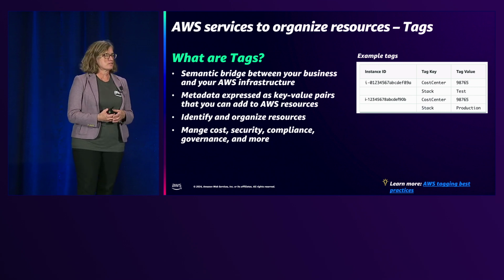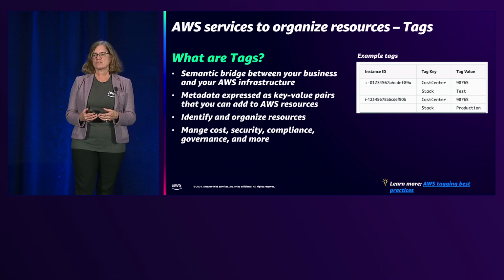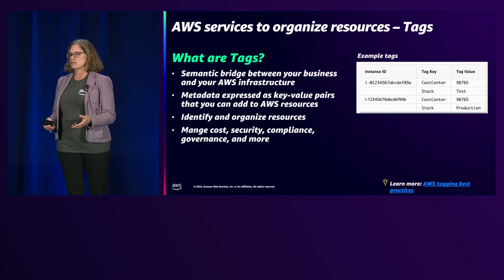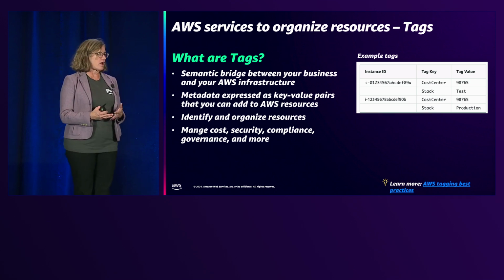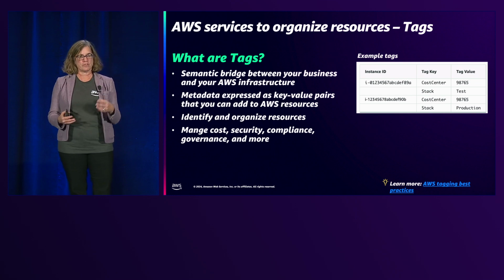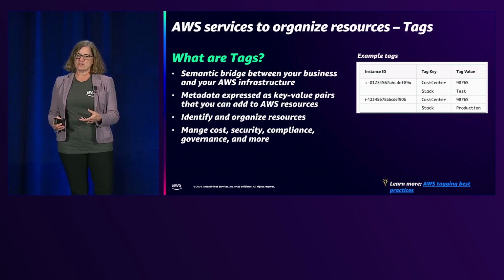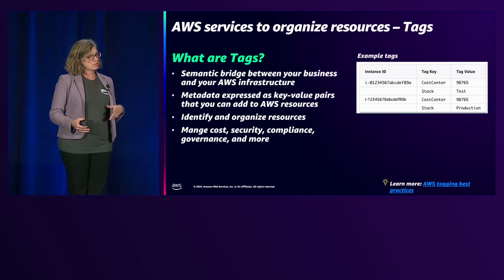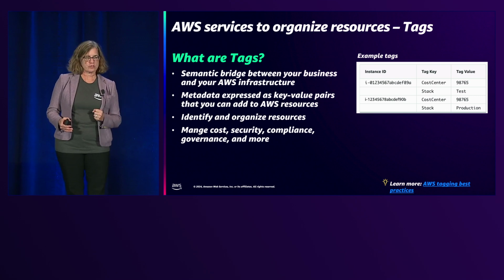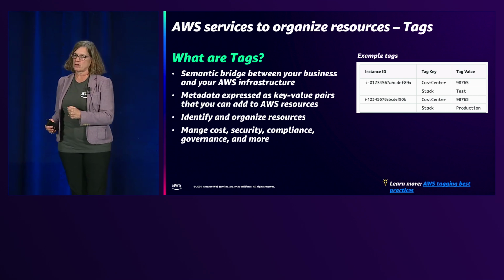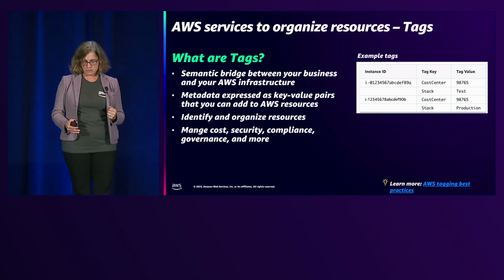For applications, customers tell us they use tags to identify the environment. So dev, test, prod, right? What's the stage of the resources that are being used for the application? Also to sometimes map your resources based on the functional use case. So some customers will apply tags to all their storage resources, or all their compute, or all their alarm, or all their observability resources.